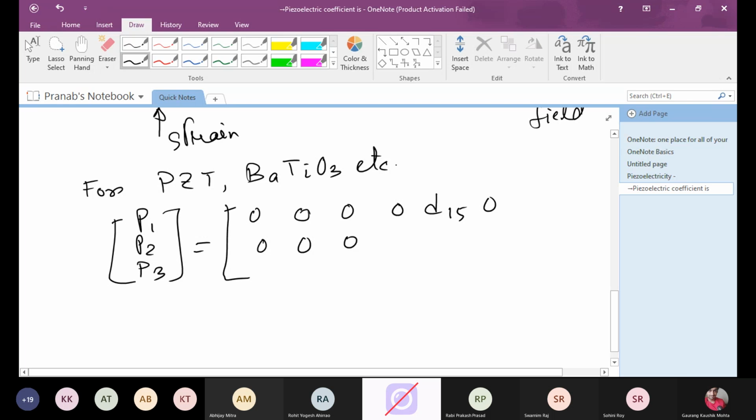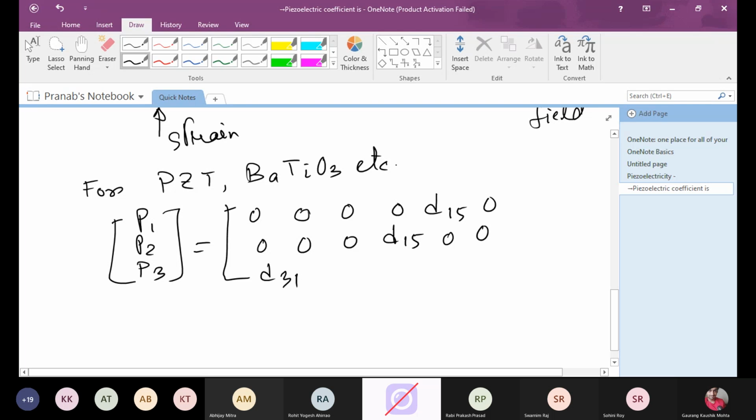Though this is 2, 4, because of the symmetry, this is also equal to D15 magnitude wise. So this is D24, which is equal to D15.